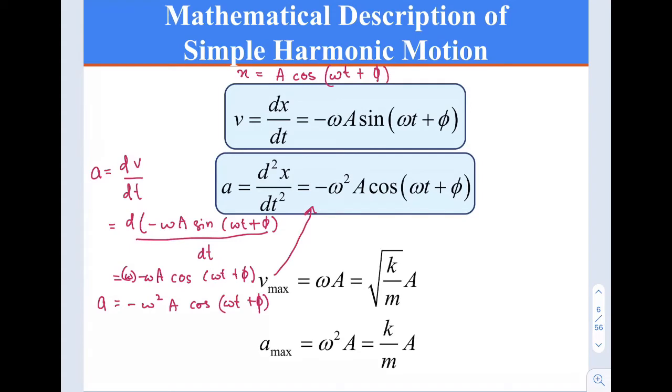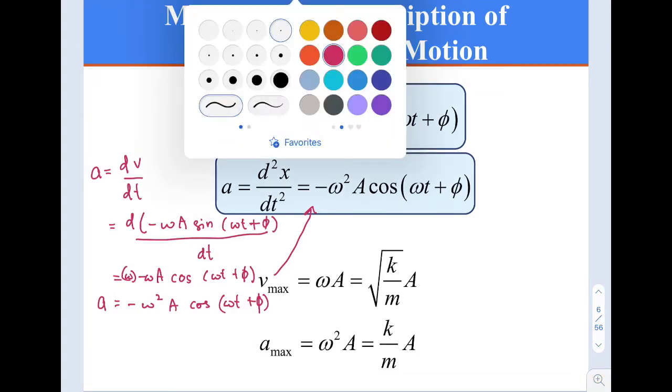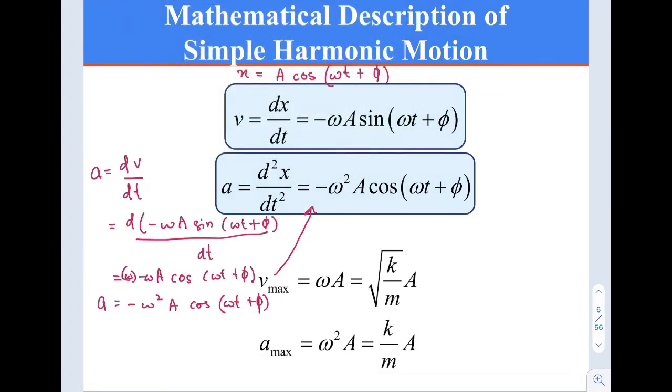And then, the velocity maximum is equivalent to omega A. How come? Let me show you. How come v maximum is equivalent to omega A? Where is our v equation? Here.